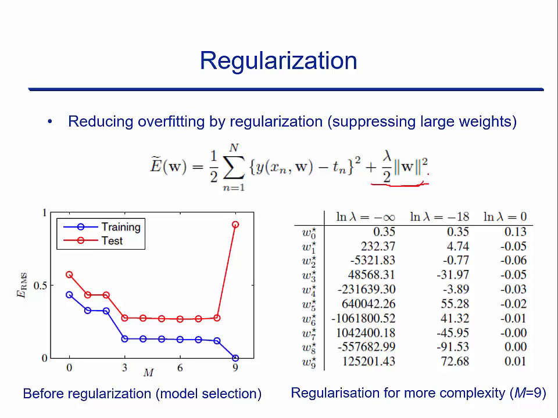So w raised to the power of 2 defines the length of the parameter vector. In this way, we will suppress large weights because we also try to minimize the contribution of the regularizer to this error function.